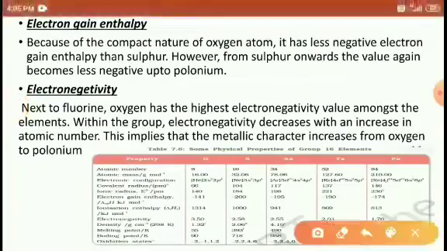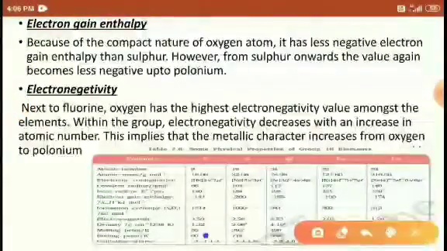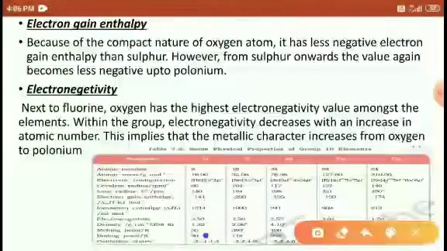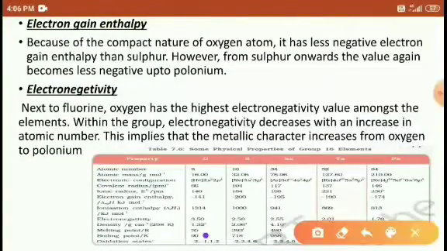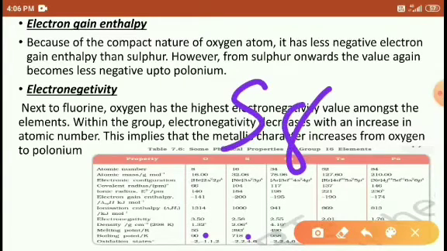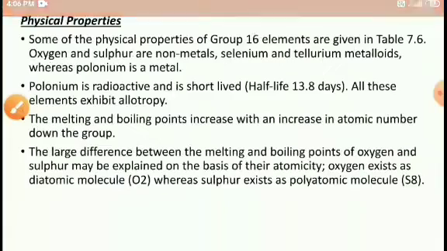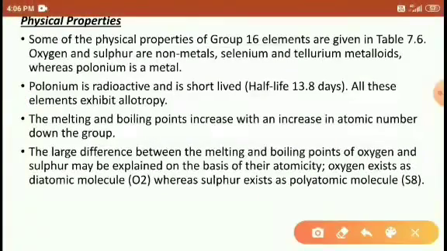Look here. The boiling point of oxygen is 90 and sulfur is 718 because it exists in polyatomic form, and oxygen exists in diatomic form. So the number of atoms affects the boiling and melting points.